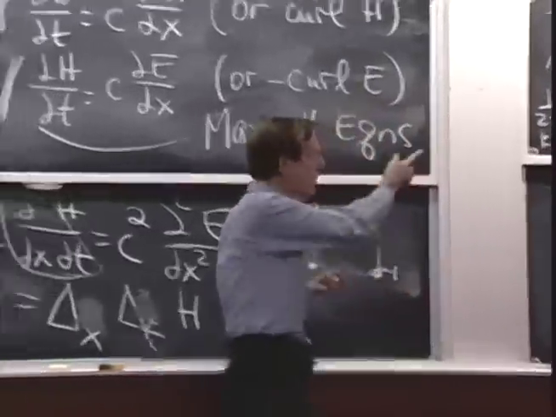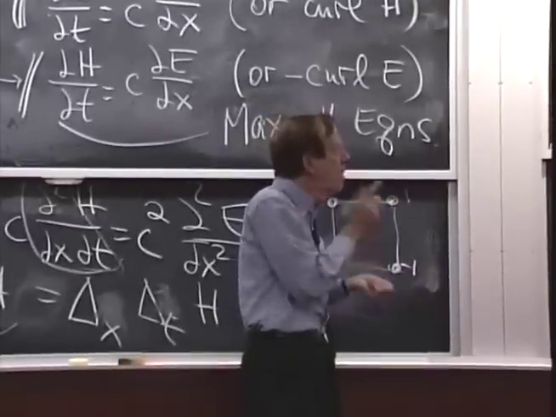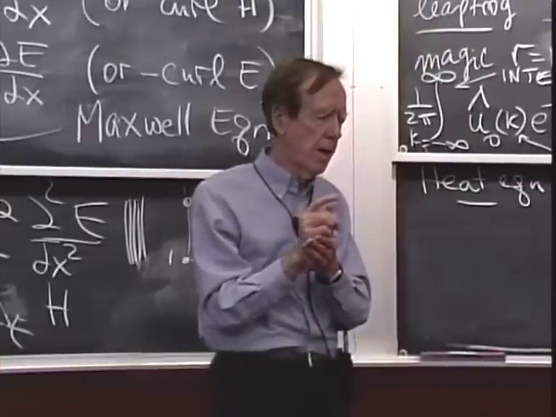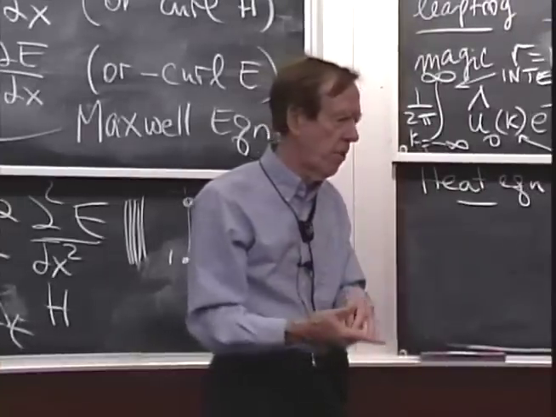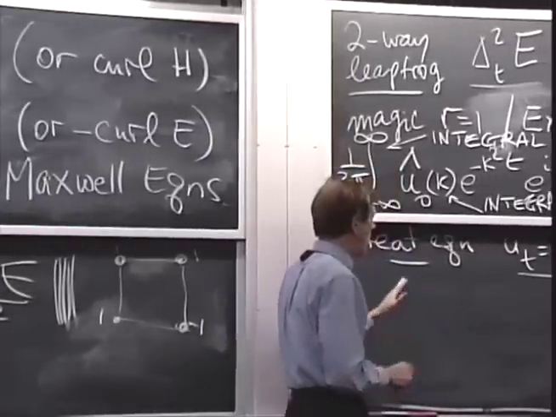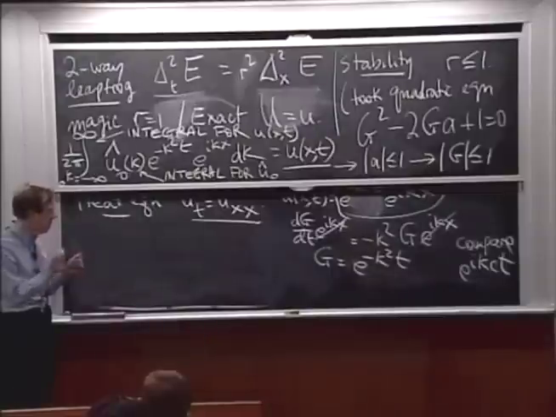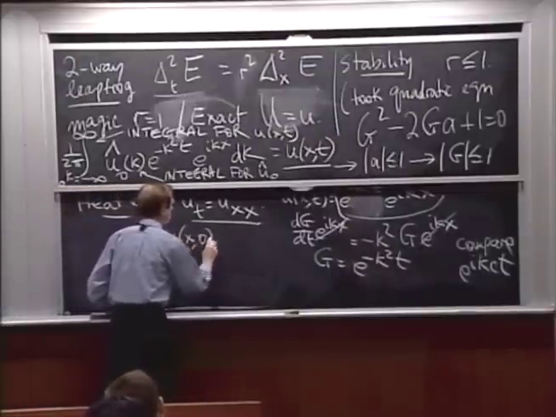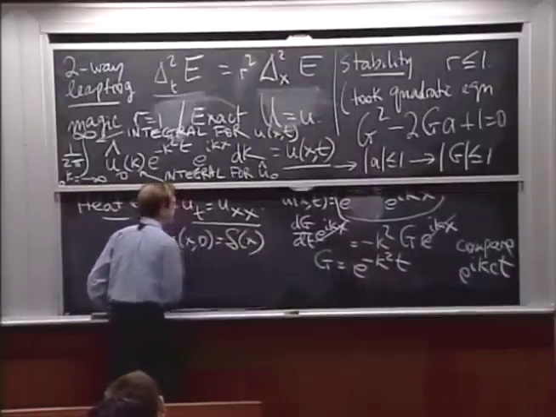We can get a lot of information out of this. And there's one other special solution that's also extremely informative. What if, so I'm going to do a special case, but it's the big case. What if the initial condition is a delta function?